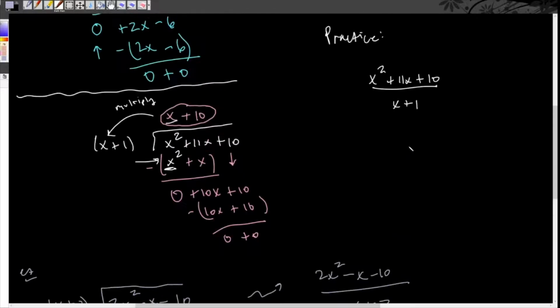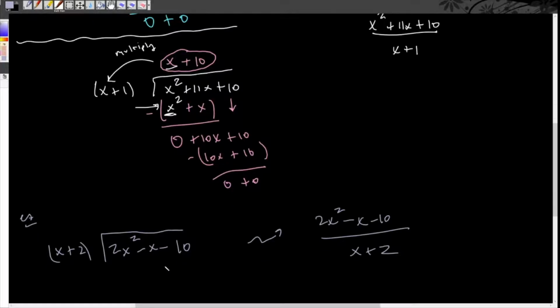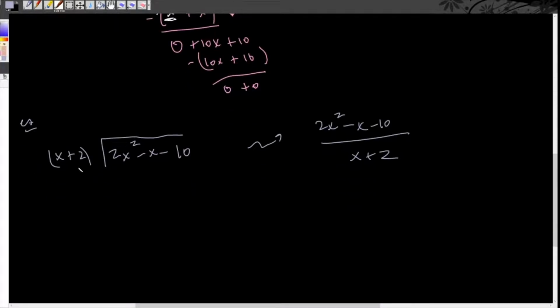Notice earlier this was x out front. Now it's 2x. Nothing's different. So, I mean, it's different, but it operates the same way. So the question is, what times x equals 2x squared? Well, if I want x squared, I'll need another x. And if I want to get a 2 in there, I need a 2. 2x times x is 2x squared.